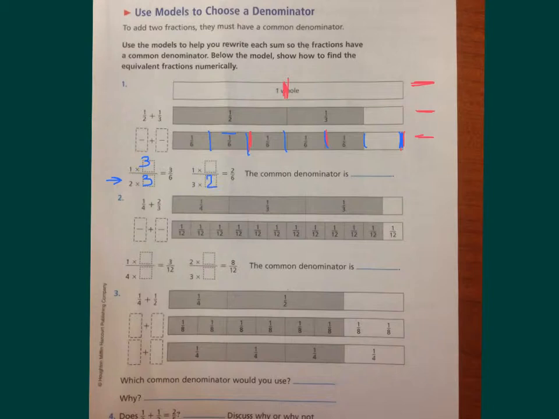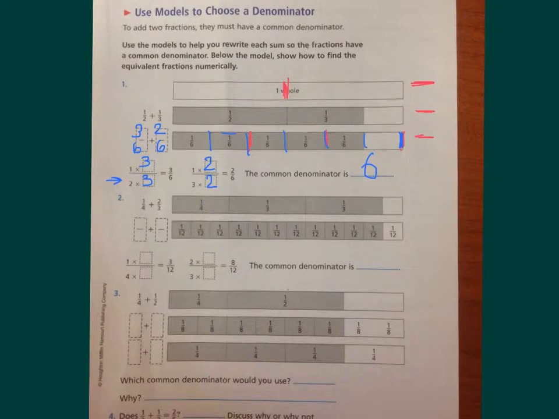And whatever I do to the bottom, I need to do to the top. So now my new addition problem with equivalent fractions with a common denominator is 3/6 plus 2/6. So much easier to add, don't you think? So what was our common denominator? 6.